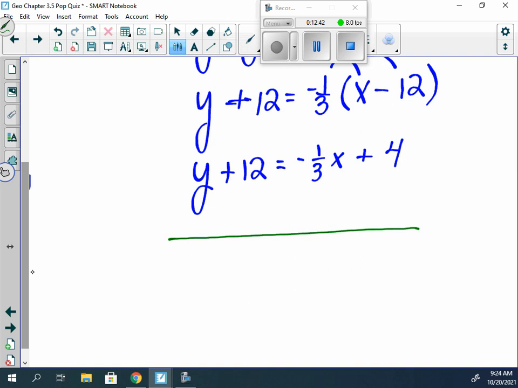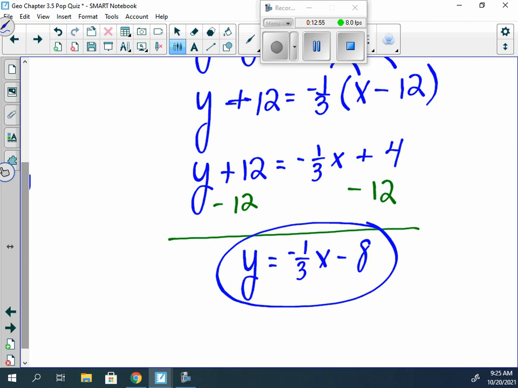And last but not least, we subtract 12 from both sides, which tells us y is equal to negative 1/3 x, and that's it. Questions on this here? Was this easier than y'all thought this was?